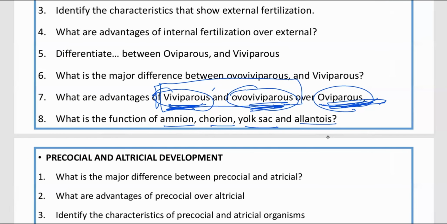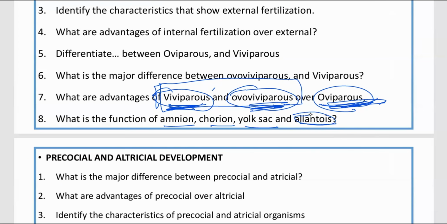Membranes which are extra, surrounding the embryo, meaning that the embryo has its own membranes, but we have other extra membranes which surround it. That's why we call them extra embryonic membranes. So now we need to know the function, at least one or two. One.